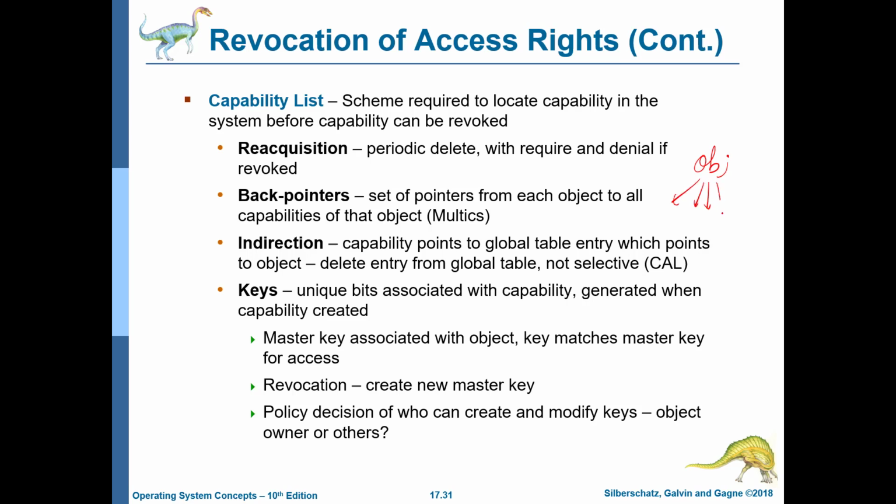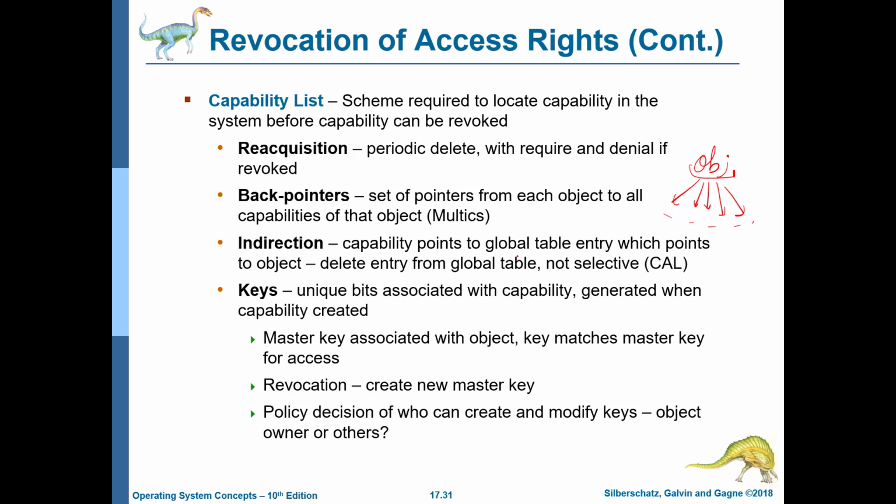So these are called back pointers, like in the Multics system. Of course, this can be a fairly large set of pointers, but the key point is that from a given object, we can reach all of its capability lists and then delete the permissions.